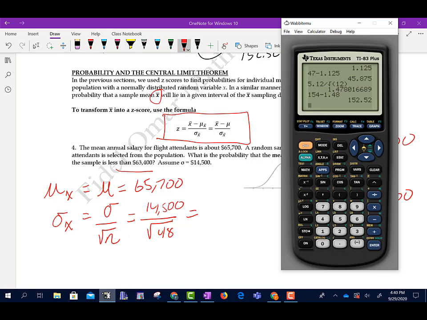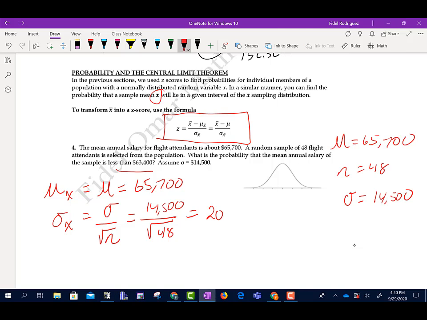Let's do that on our calculator: 14,500 divided by, second to get the square root, of 48. Since mine opened parentheses, I'm going to close them off, and go to 2 decimal points. It looks like 2,092.89.